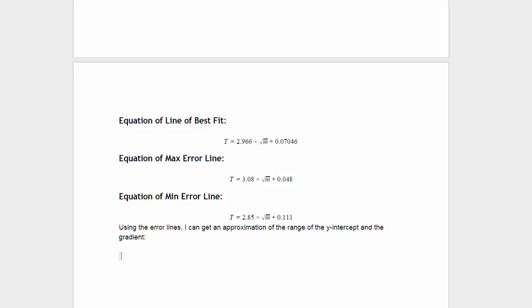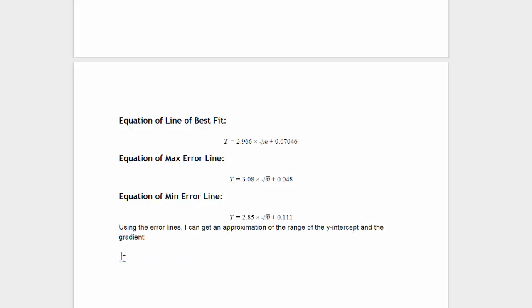So we want max gradient minus min gradient all over 2 is going to give us the approximate uncertainty in the gradient.